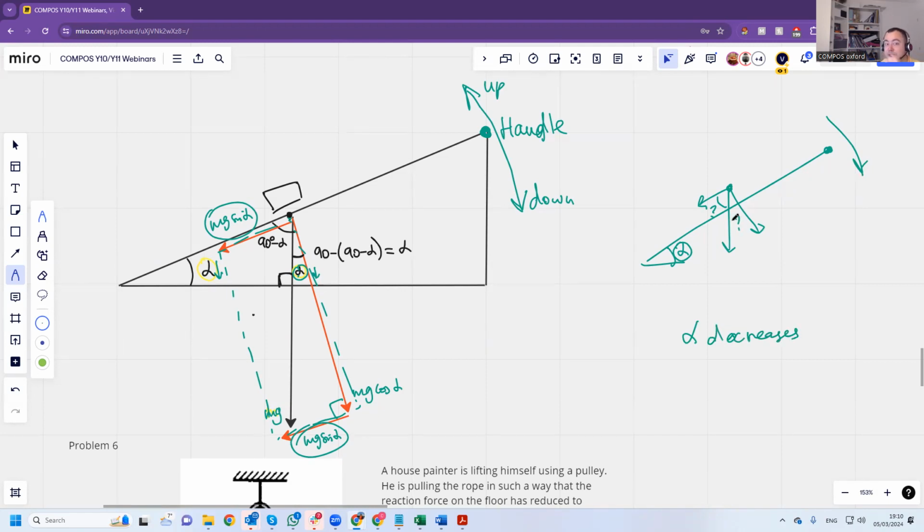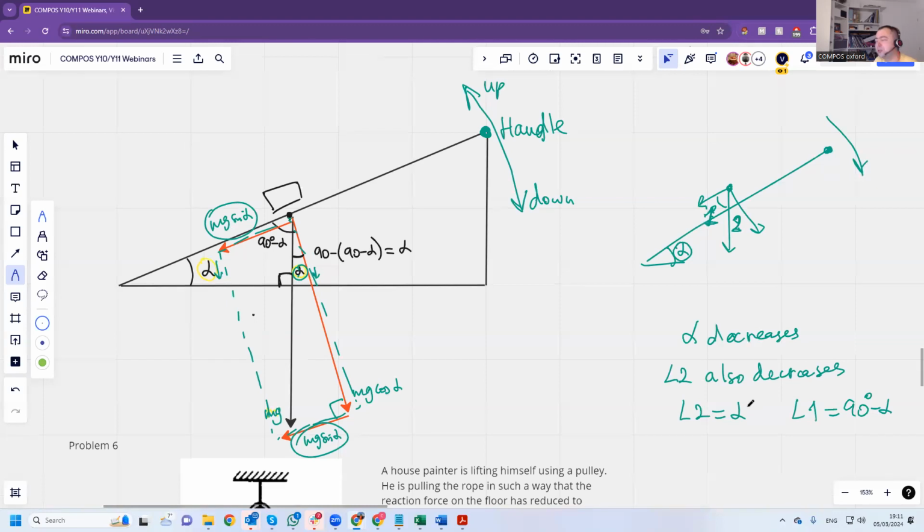Which of the two angles decreases, 1 or 2? You can clearly see that angle 2 decreases. Angle 2 also decreases. That means angle 2 is alpha, and angle 1 is 90 minus alpha, because angle 2 increases.